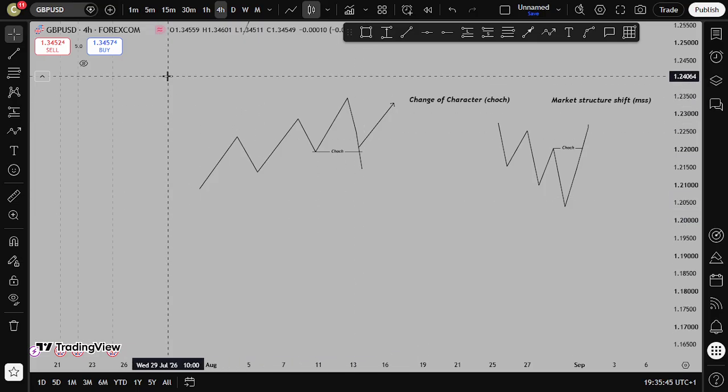So note again, it is an early warning, whatever you call it. What we know is change of character. It's an early warning, not a confirmation.